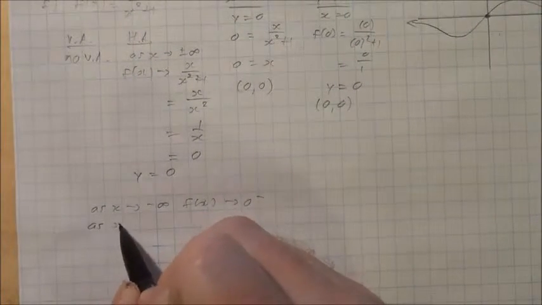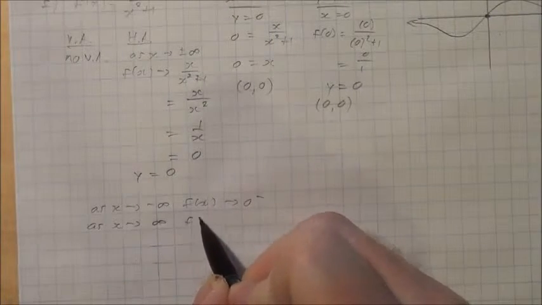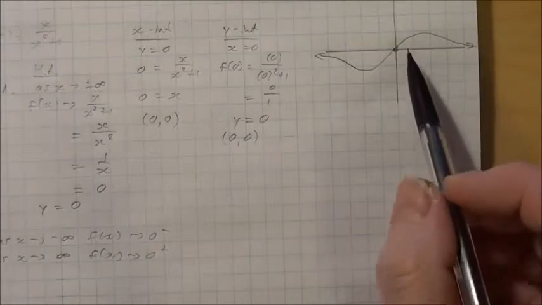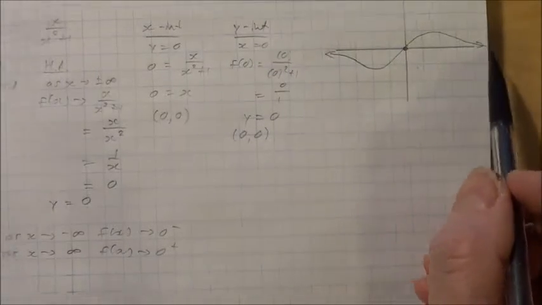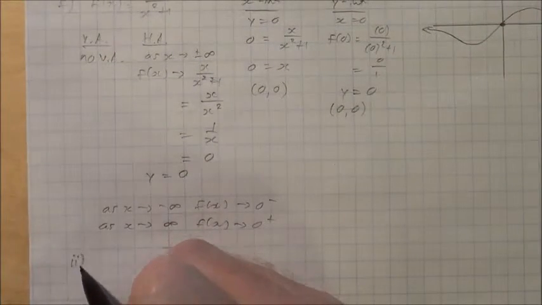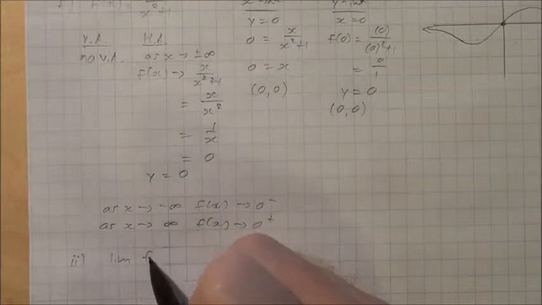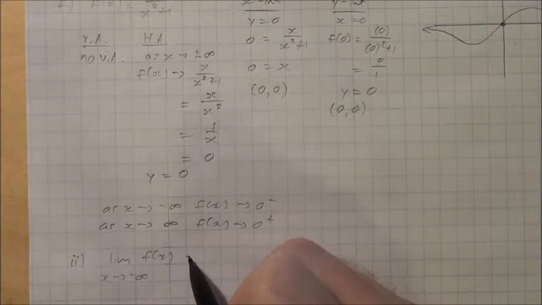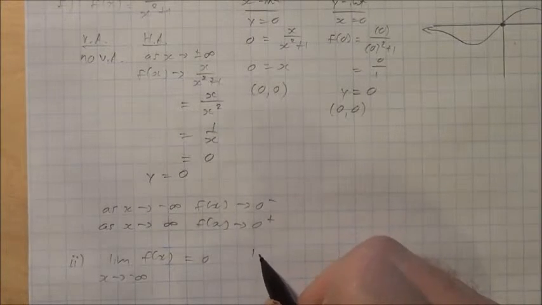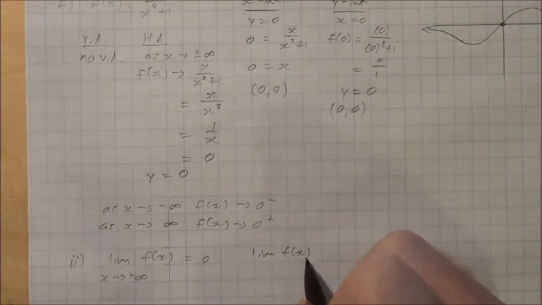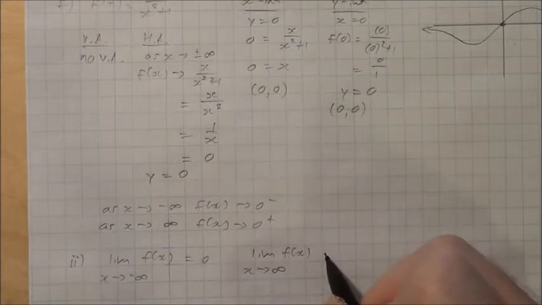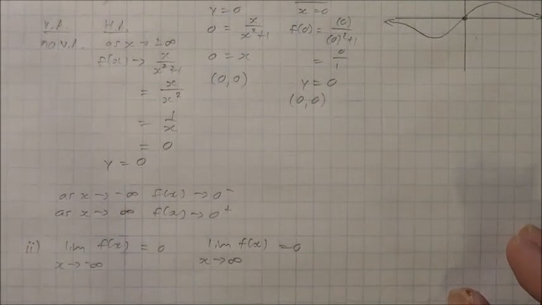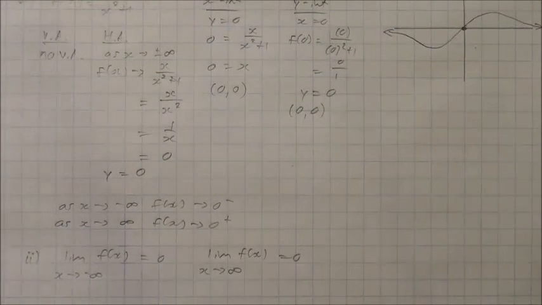And as x approaches positive infinity, f of x approaches 0 from above, which would be this portion here. Then we take a look at the limits in part 2: the limit of f of x as x approaches negative infinity equals 0, and the limit of f of x as x approaches positive infinity also equals 0. So that concludes question number 1 from section 14b.